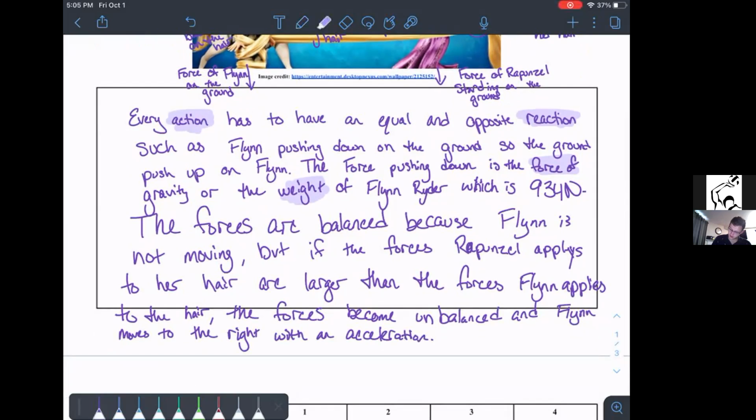So now we've just thrown in all of those terms: balanced, unbalanced, and acceleration.